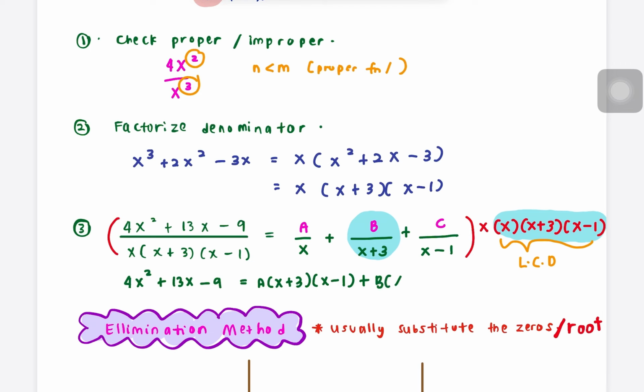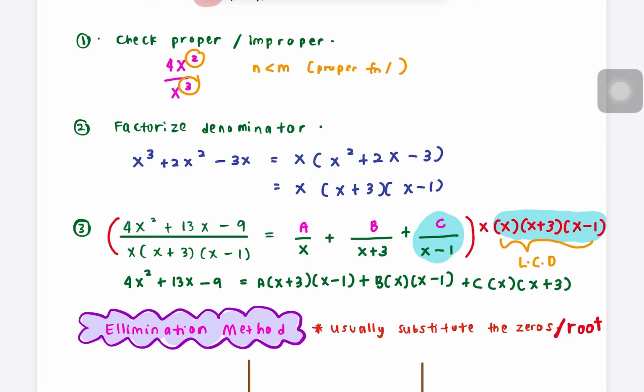Then the last term, you multiply C over x minus 1 with the LCD. So x minus 1 in the denominator cancels out, leaving only x and x plus 3. So just write plus C, x, x plus 3. Okay. So LCD is the expression that if you multiply with it, you eliminate the denominator. Okay, you have one line of equation.